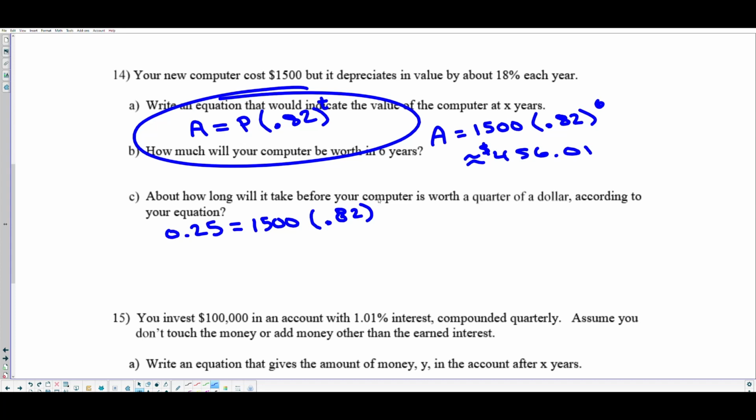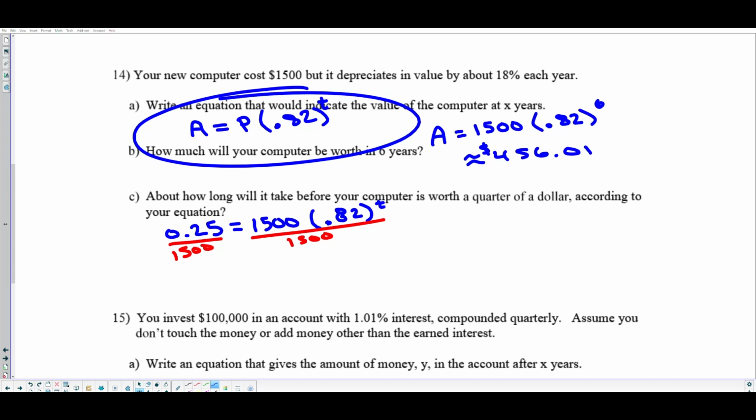And then we want to find out how long this will take. So what's the time? Okay, again, just like how we did before, divide both sides by 1500. This is why you need to know how to solve these equations. So 0.25 divided by 1500.